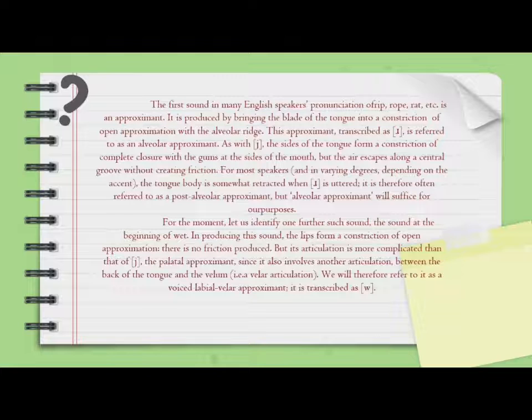There is no friction produced, but its articulation is more complicated than that of the palatal approximant, since it also involves another articulation between the back of the tongue and the velum, i.e. velar articulation. We will therefore refer to it as a voiced labial velar approximant. It is transcribed as w.